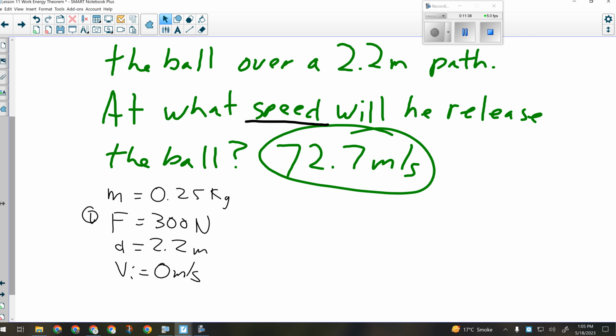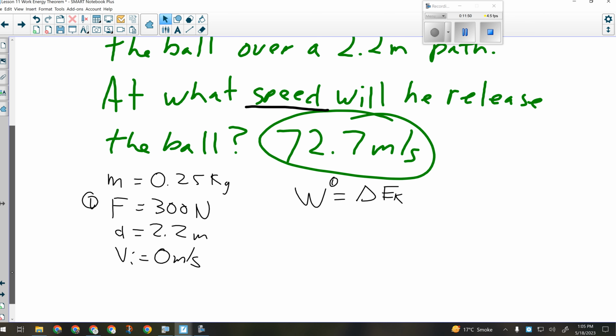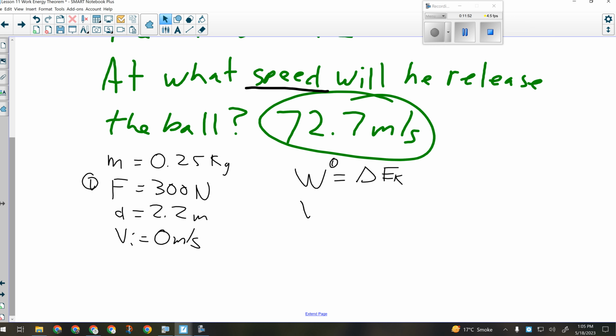All right, so then, work is changing what kind of energy? Kinetic. Right. So you'd get a mark for that. And maybe you write it like this instead. Maybe you go work equals EK final minus EK initial. Either way is fine.